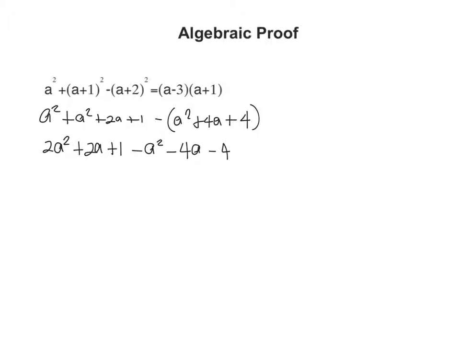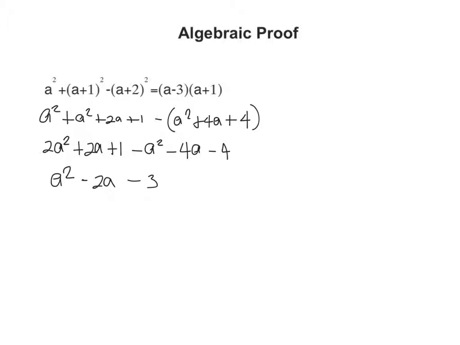I can now subtract the 2a squareds there, giving me a squared on its own. I can now subtract the 2a from that 4a there, giving me minus 2a. And I can do that 1 and that minus 4, give me minus 3.